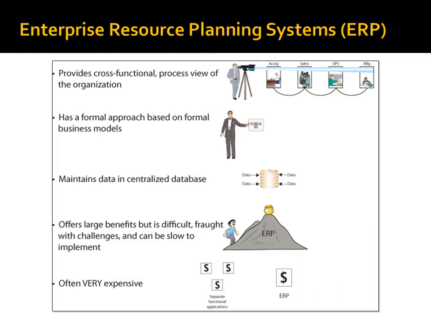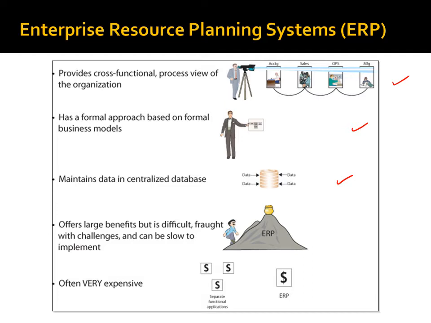The data is centralized. These are all great benefits. We know how valuable data is. If we can centralize it and make sure that it's protected and we're doing the right things with it, that's a big benefit to the organization, and it's available to people when they need it.